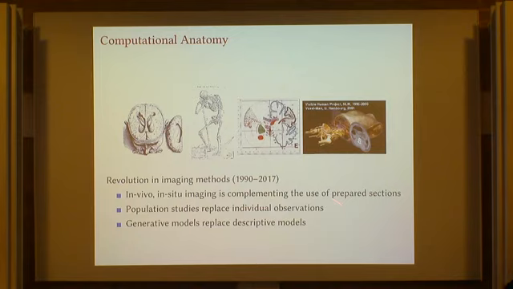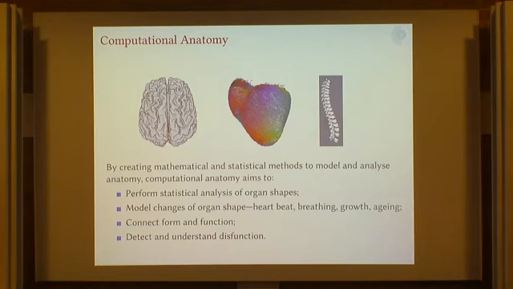We can take images in a non-destructive way. We have lots of images. We can look at populations instead of single specimens, and we can use computers to create generative models rather than just describing what we see. And all that leads to computational anatomy, which is really the idea of creating mathematical and statistical methods to model and then analyze anatomy and anatomical shape.